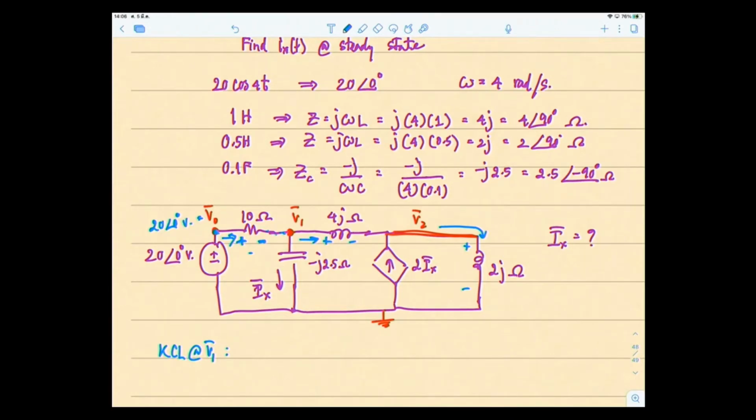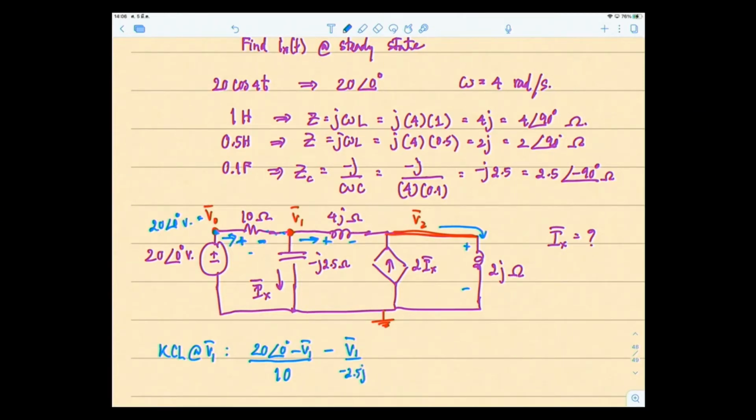So the voltage drop across the 10 ohm is, we say, 20 angle 0 degrees minus V1, over 10. Then this is current coming out from this node, so minus Ix. But Ix is simply V1 over minus 2.5j.